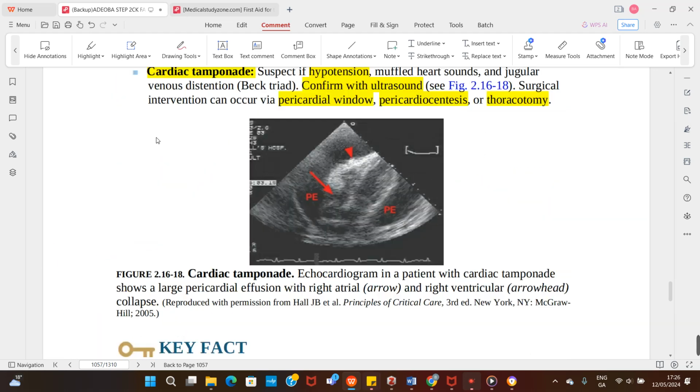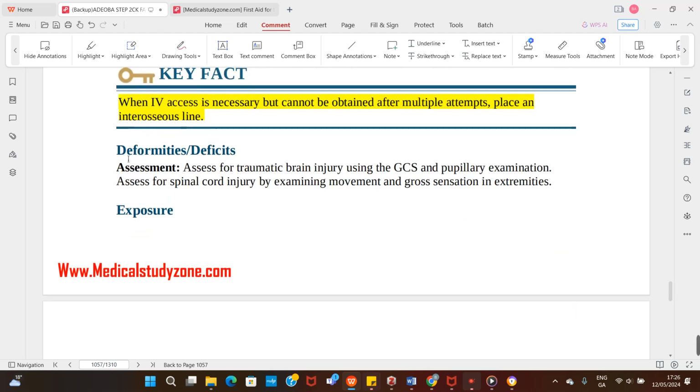So after the circulation, the next is the D, which is deformity or deficit. Here we are concerned majorly about your neurologic evaluation to rule out traumatic brain injury. That's basically what you are doing. You check your GCS, then the pupillary examination, the pupillary reflexes.